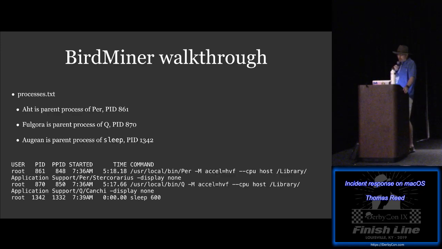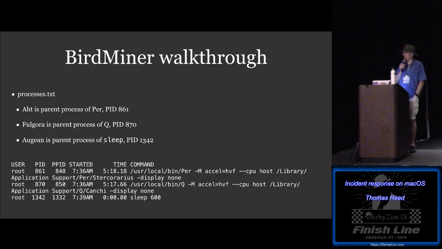If we keep digging around in processes, we can take those process IDs we got for those three processes and search for those. And we can find, oh look, these are all parent processes of something else. AHT is a parent process of something called PER, P-E-R, named just like the folder that we saw.